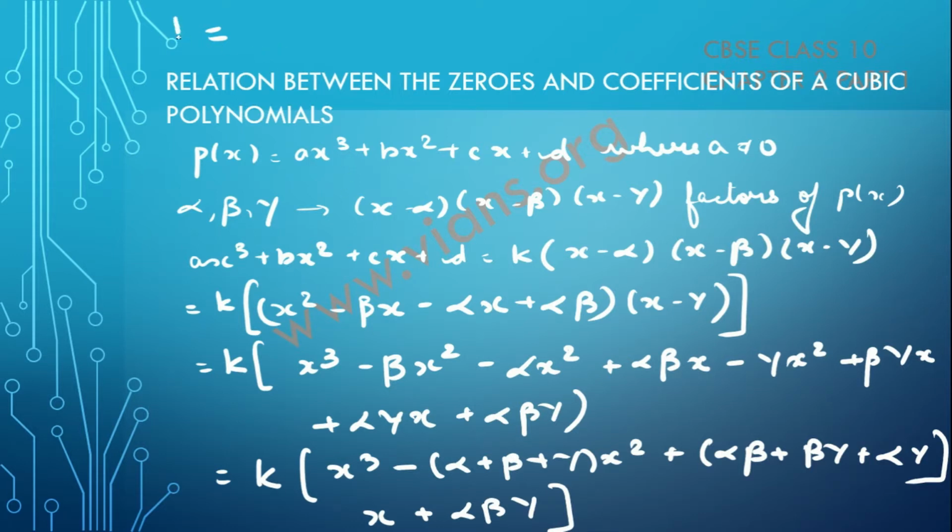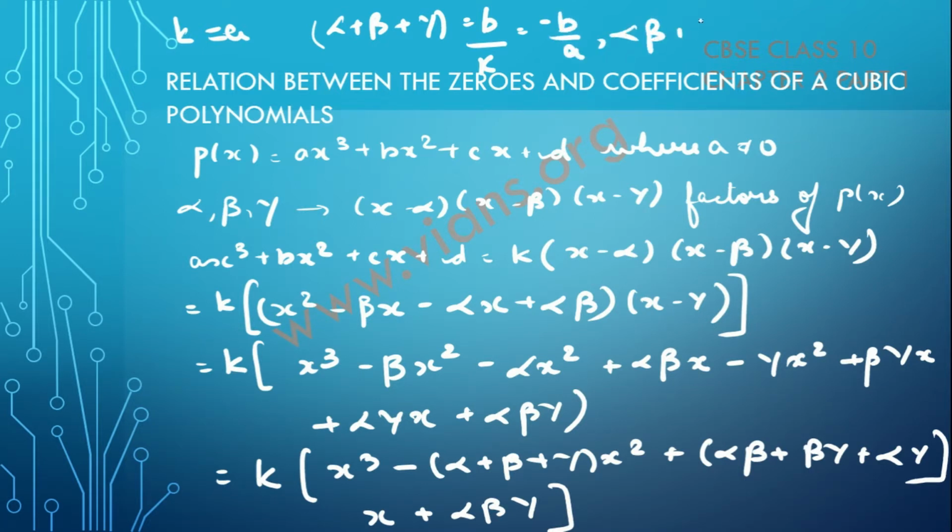So we could write k is equal to a, minus alpha plus beta plus gamma is equal to b by k, which is nothing but alpha plus beta plus gamma is equal to minus b by a.